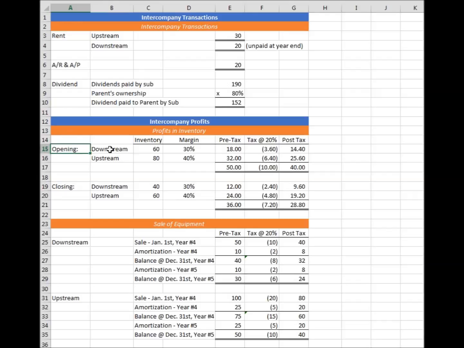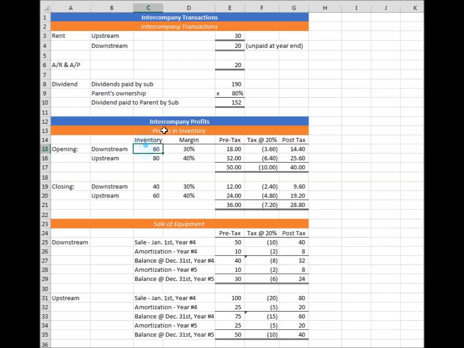So over here, we have downstream and upstream. So downstream meaning that the parent is selling to the sub, and upstream meaning that the sub is selling to the parent, and these are located in the inventories of here it would be in the sub, and here it would be in the parent. Same thing down here.